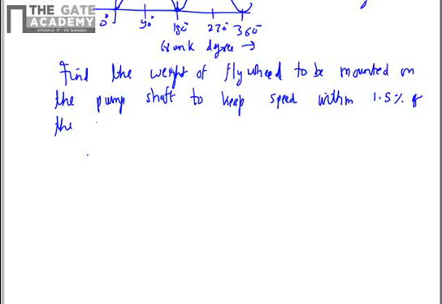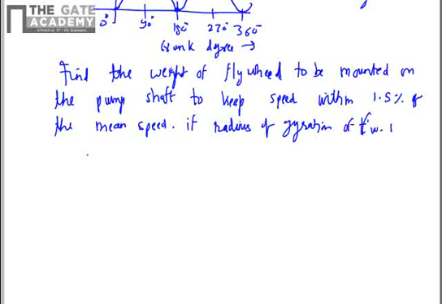So here coefficient of fluctuation of speed is given, that is 1.5%. So here we are asked to find the weight of the flywheel. Actually we will find the moment of inertia of the flywheel. So here the radius of gyration of the flywheel is given. Radius of gyration of flywheel is 1.5 meter.